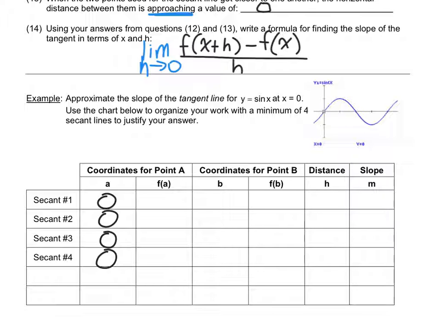Right? So what is y when x is equal to 0? 0. Sine of 0 is equal to 0. But even if that wasn't working for you, it's right here. Coordinate 0, comma, sine of 0. Because again, it's a comma f of a.